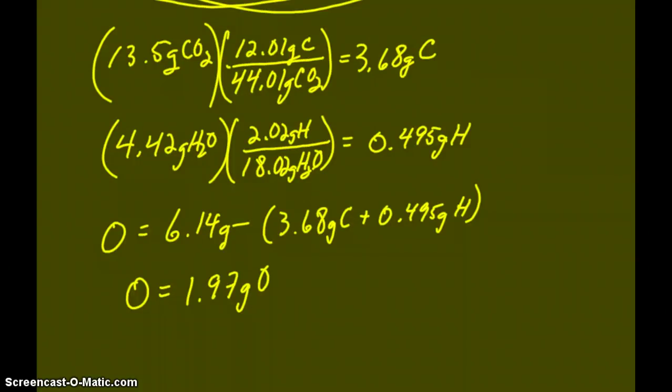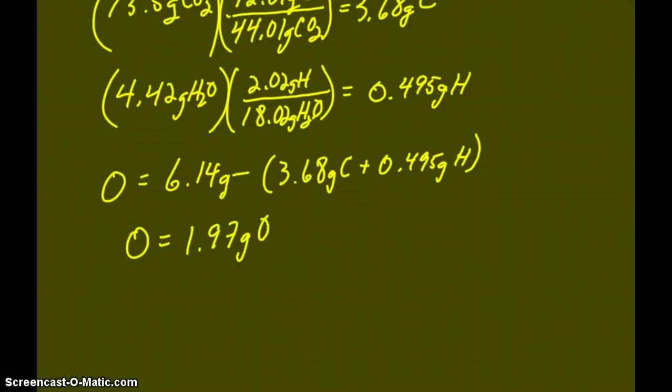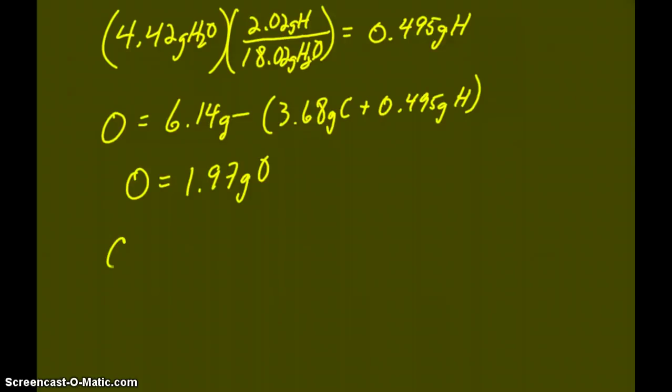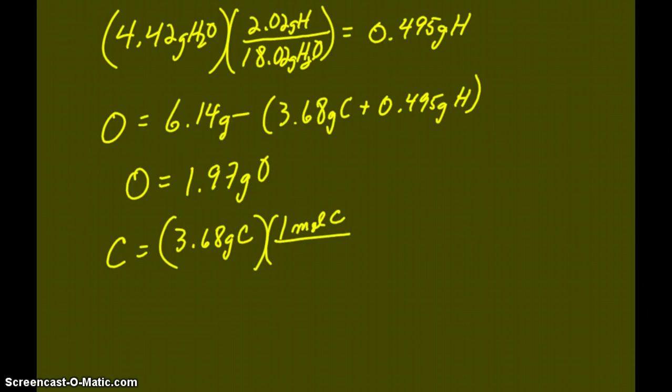Now it just becomes what you're used to, which is an empirical formula calculation. So for carbon, I take my 3.68 grams of carbon, convert it to moles. 1 mole of carbon, 12.01 grams of carbon.